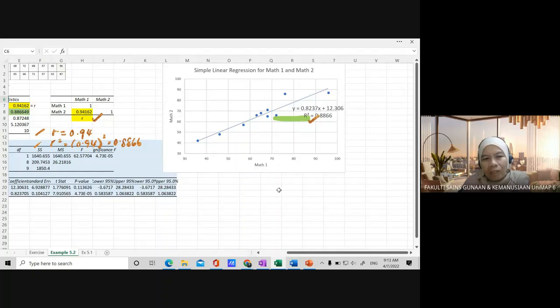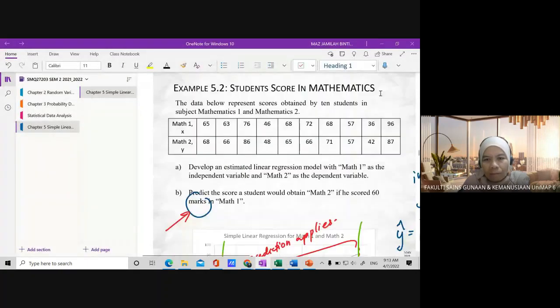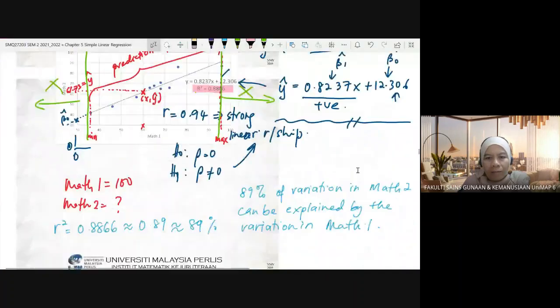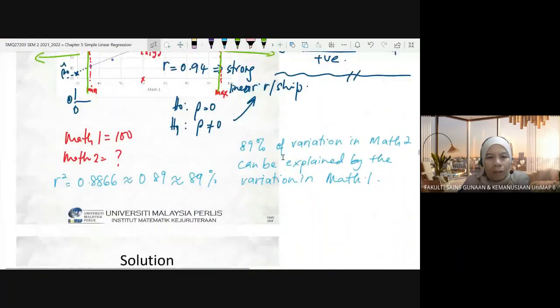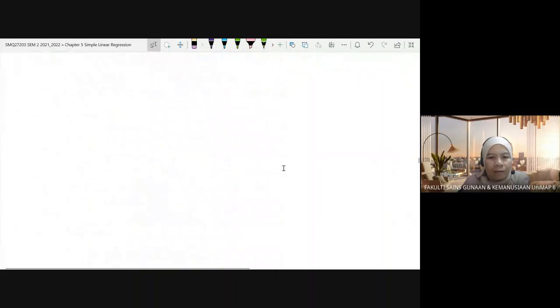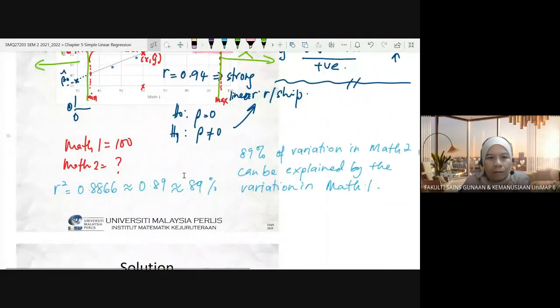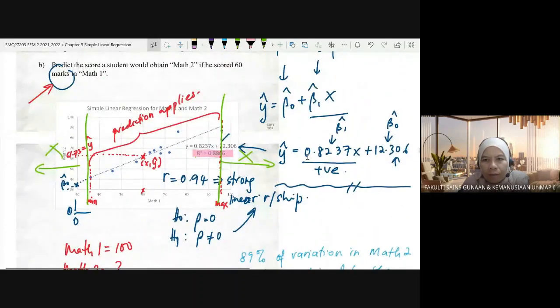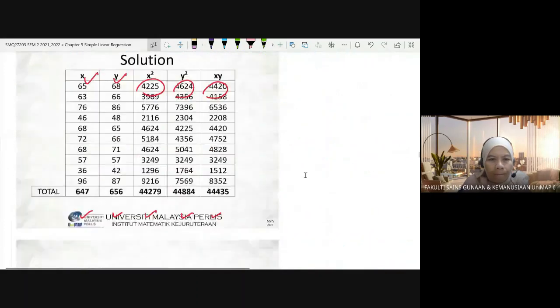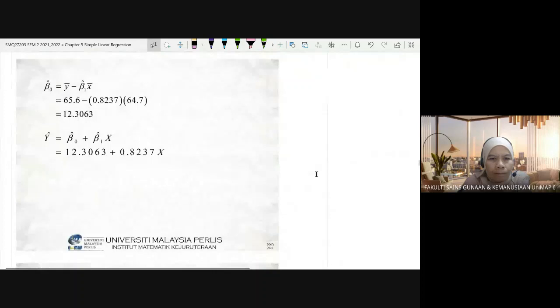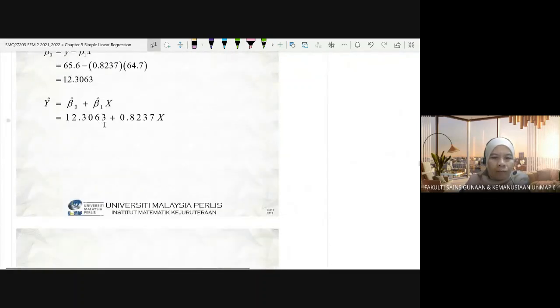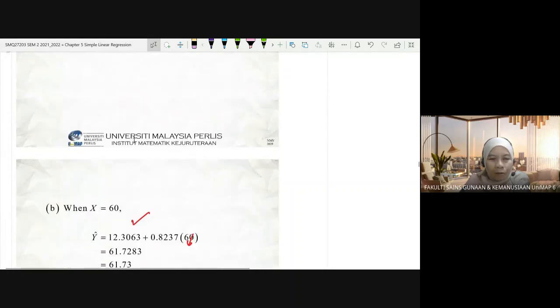Last time we discussed this. In our discussion, we can see that by using this particular model, we can find the Math 2 score.